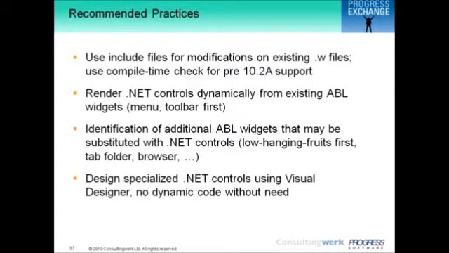When we do this in projects, we usually make all the code modifications on the existing Progress windows in include files. And we decorate them with compile time checks to make sure that the code remains compatible with previous Progress releases. We dynamically render .NET controls from the existing ABL widgets.